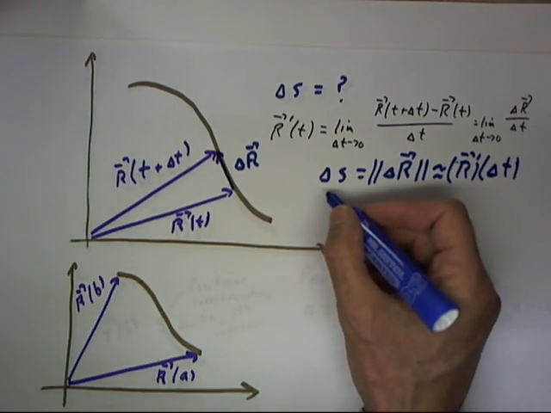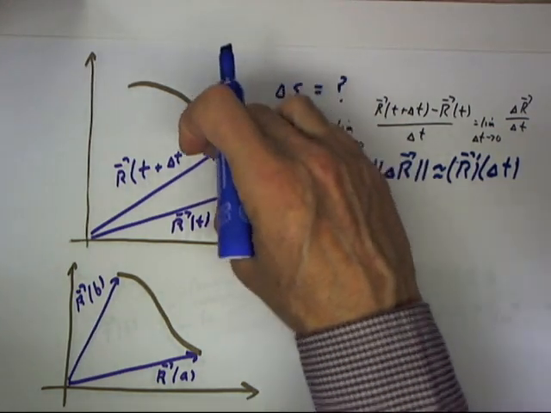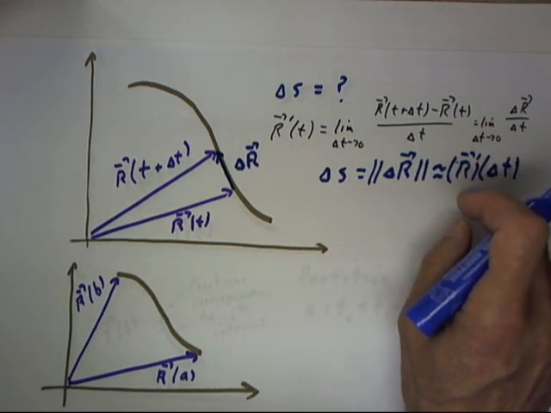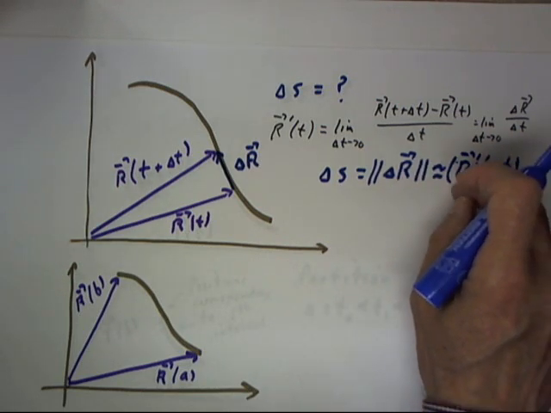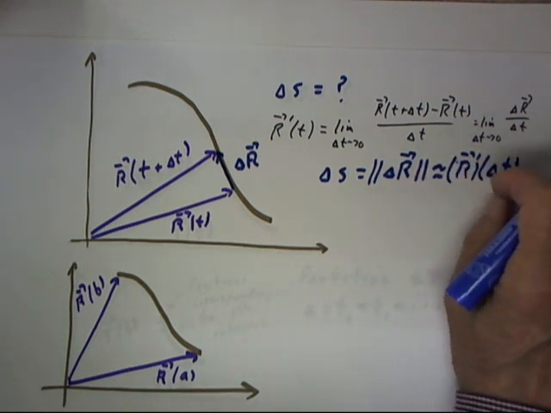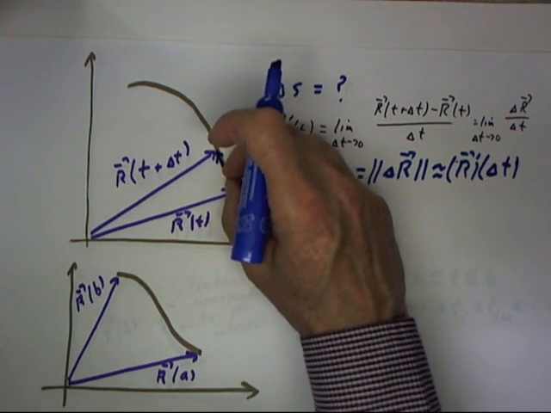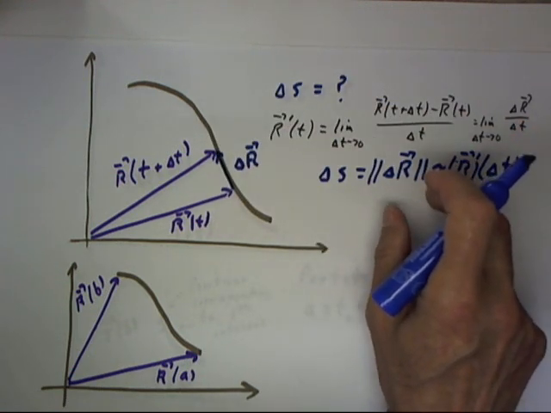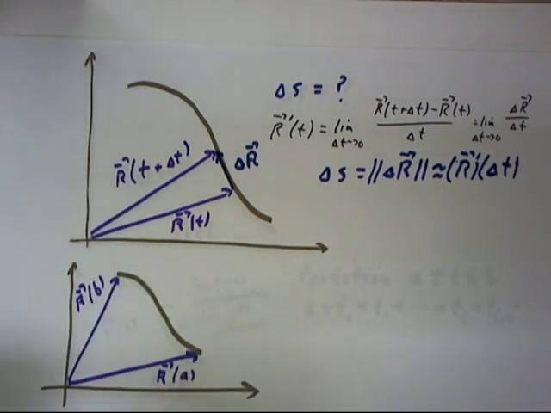So delta s is just how far it is from here to here. That's the magnitude of the delta r vector. The delta r vector is approximately equal to the product of our r prime vector and delta t. And if delta t is close to 0, then this approximation is very close to being exact.